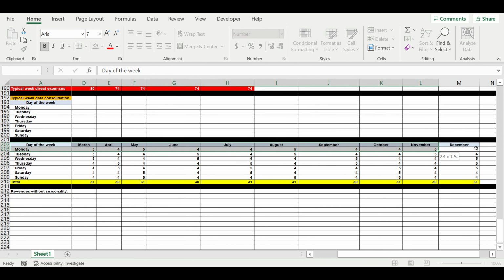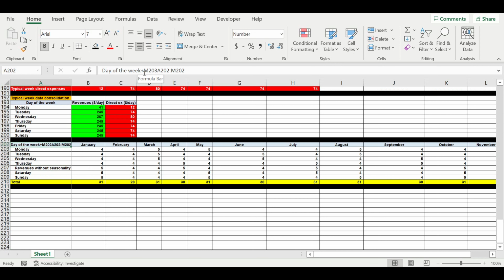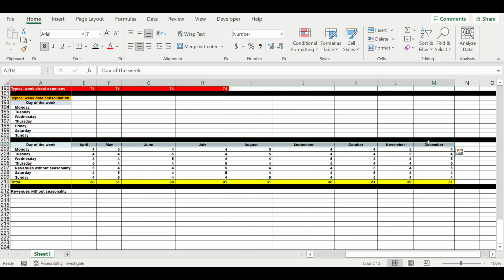So here we copy this table. I will just copy the day of the week, revenues without seasonality. I'm copying this table.